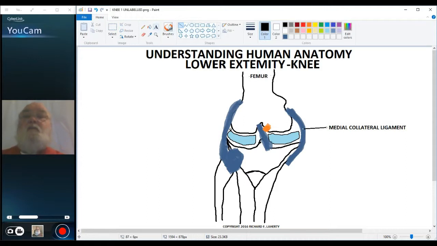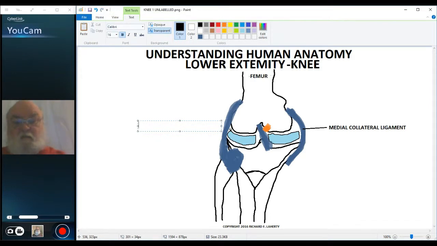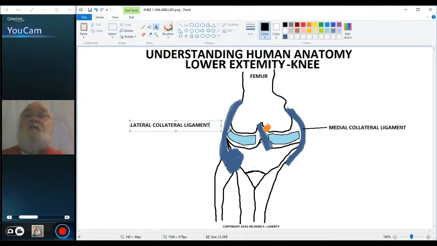The lateral collateral ligament, often abbreviated LCL.